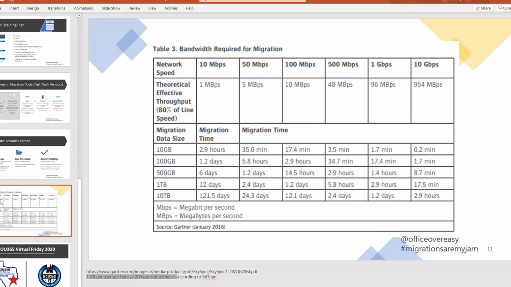That's what you can write down. That's according to BitTitan, as of Tuesday, when I sat in on a session for them. So 1 gigabyte per user per hour at 200 users all running the migration at the same time. Do all of that math, come up with that formula and do that math.